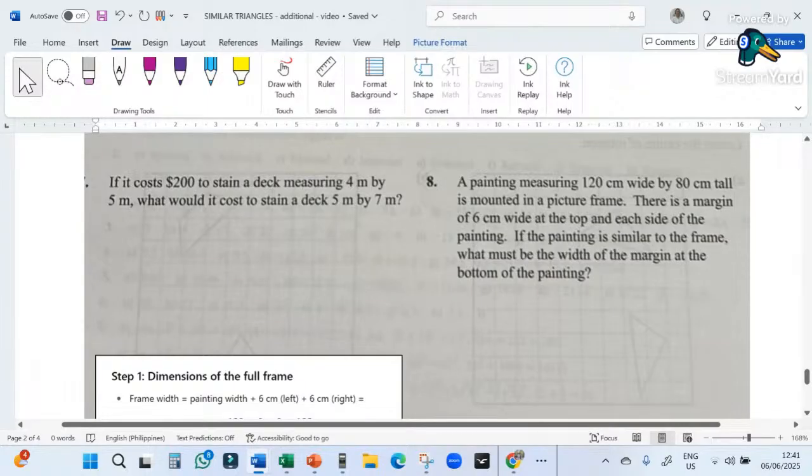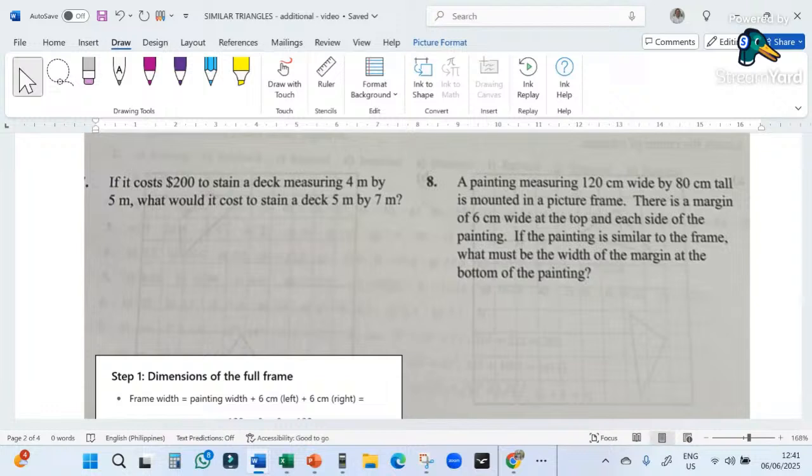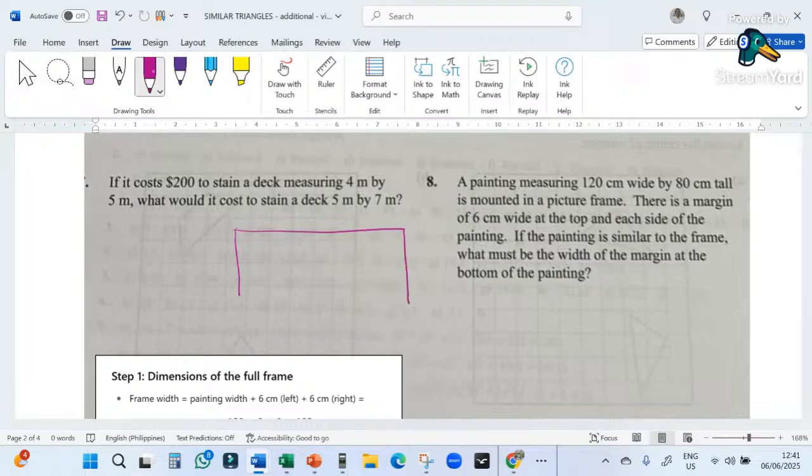If it costs $200 to stain a deck measuring 4 meters by 5 meters, what is that? They're going to put, say, a chemical to stain it. For example, you have a 4 by 5 deck.